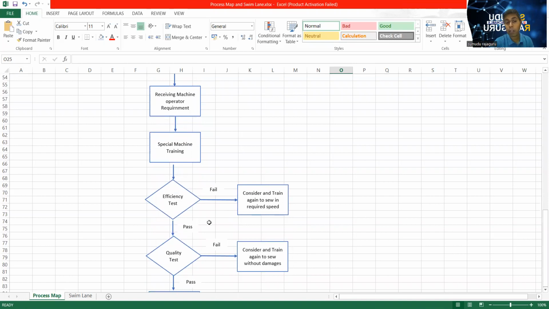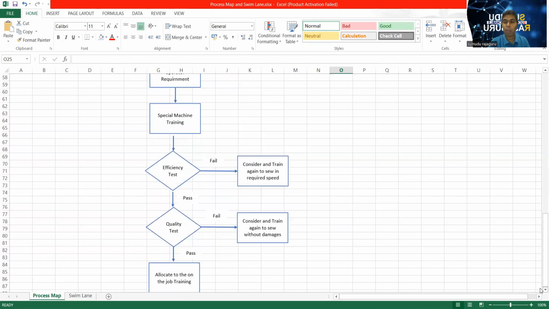So before that, we have to conduct the efficiency test. So here also we have to use the diamond shape. Why? In that test people can pass or fail. If fail, consider and train again on the required speed. So we have to improve the efficiency. If pass, we move to the quality test. That is also a diamond shape because the quality test can also pass or fail.